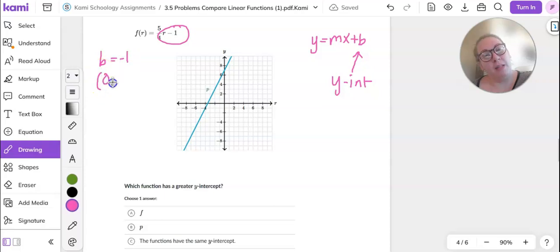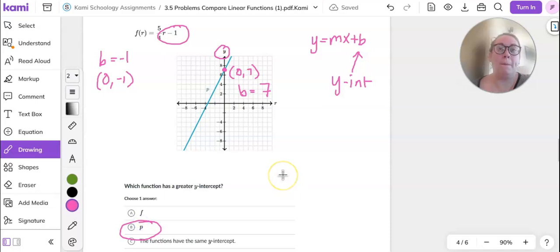So again, that's the point (0, -1). And on our graph here, p is crossing the y-axis up here, right? Here's our y-axis going up and down, and it hits that y-axis at (0, 7). So our y-intercept for function p is 7. 7 is definitely greater than -1, so we're going to choose p.